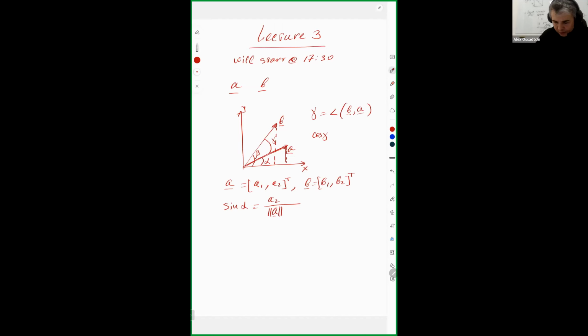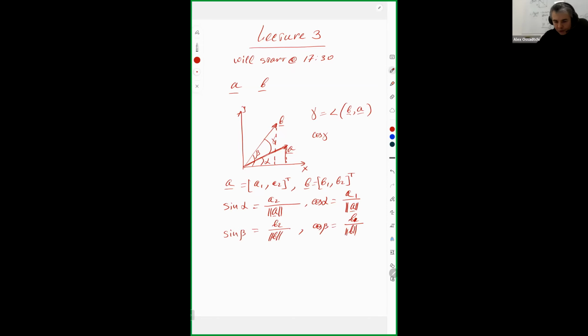The sine of the angle is this side divided by the hypotenuse. Similarly, cosine of alpha is A1 divided by the length of vector A. Then sine of beta is B2 divided by the length of B, and cosine of beta is B1 divided by the length of B.